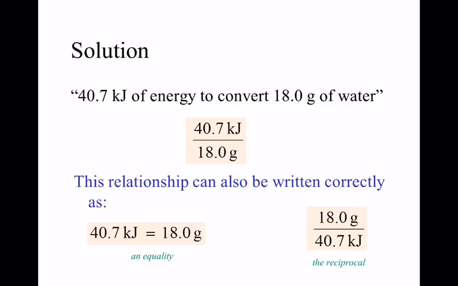To work this, we're going to start with the scaled up mass of the water. We're going to use our relationship about how much heat it took to vaporize 18.0 grams of water to get to kilojoules of energy. Then we're going to convert that to regular joules.